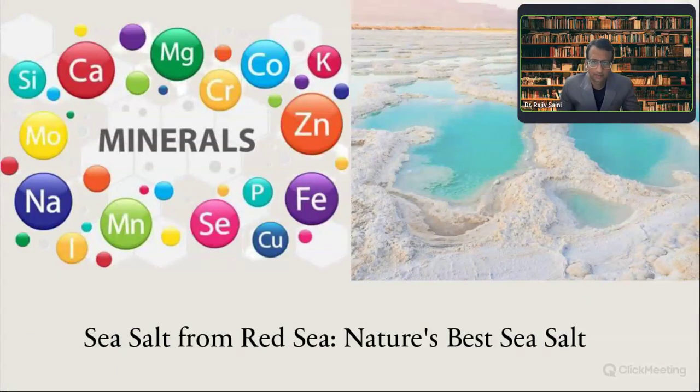Because it contains 82 plus minerals. This high mineral content is found nowhere else, nowhere even close in any sea salt available in the marketplace, and that's why sea salt from the Red Sea is one of the best sea salts used for oral care, skin care, and wound healing products.